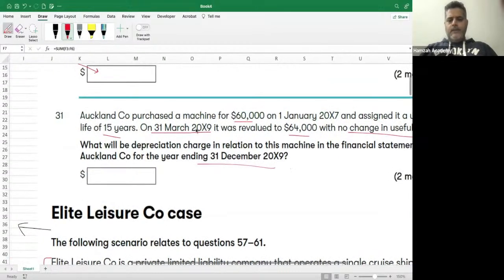First we start from 1st January, then go to 1st January 20x9. We'll calculate the value at the start of the year, then we'll have the depreciation for the 3 months. Then we revalue and then we'll calculate the further depreciation, right?